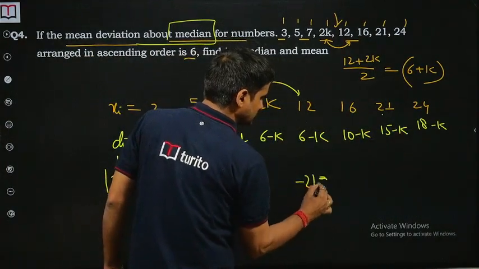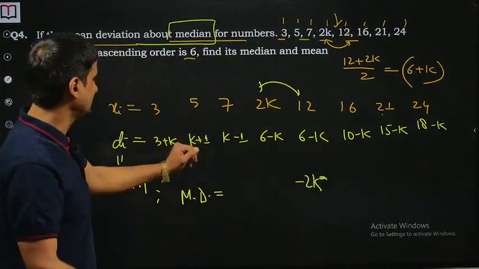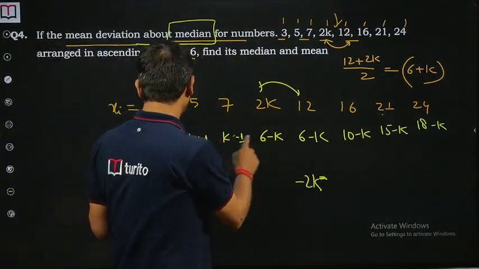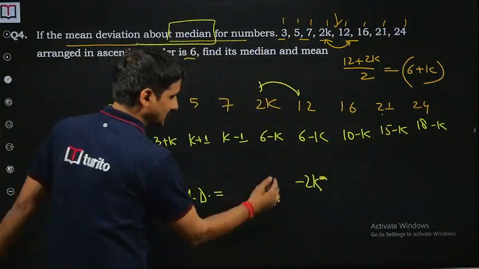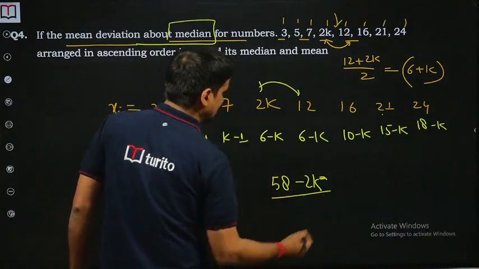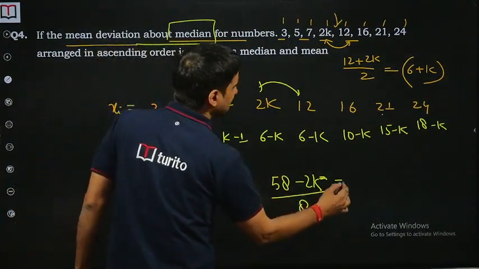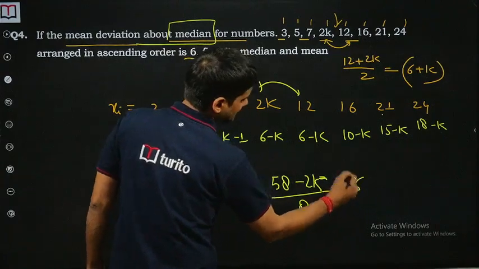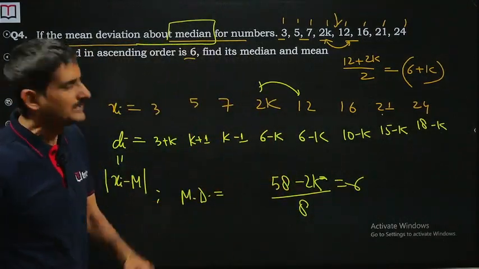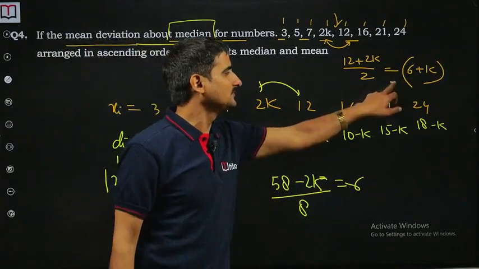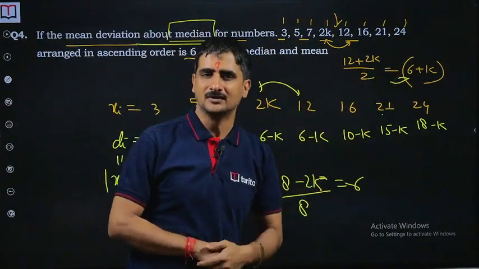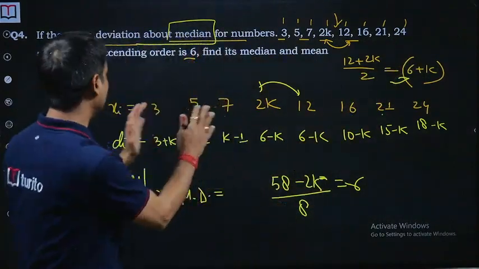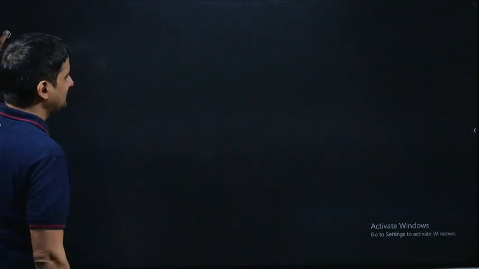Now 3 plus 1 is 4, 1 and 1 gone, so 6, 6 is 12, 15, 15 is 30, and then 40 and 58, if I'm right. Calculation you may easily do, and this is divided by 8, and this is given to be 6. So get k from here. Once you have k, you have your median, and then you easily have your mean, because you have all 8 observations. So that was yet another question, a direct but important one.